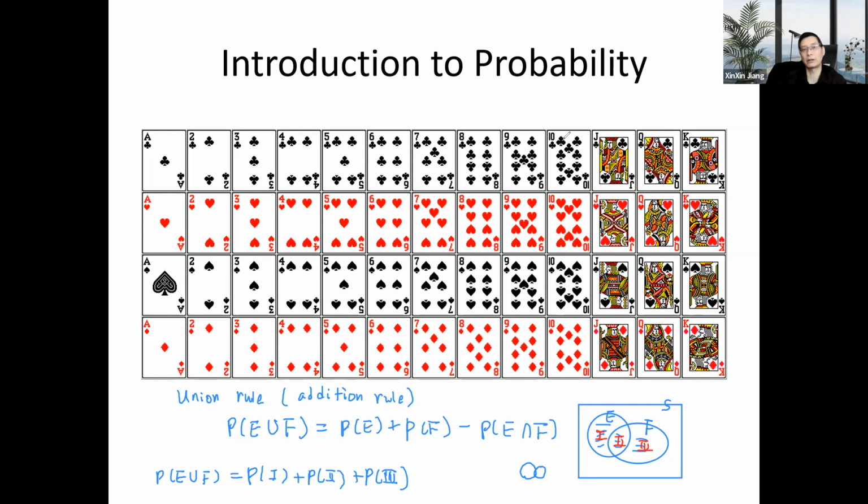There's no intersection. The intersection is empty. So 1 plus 2, that's the probability of E, but then 3 would be the probability of F minus the probability of 2. So that's the addition rule.